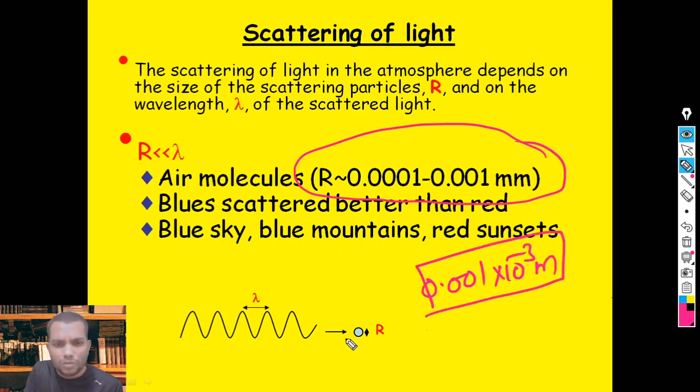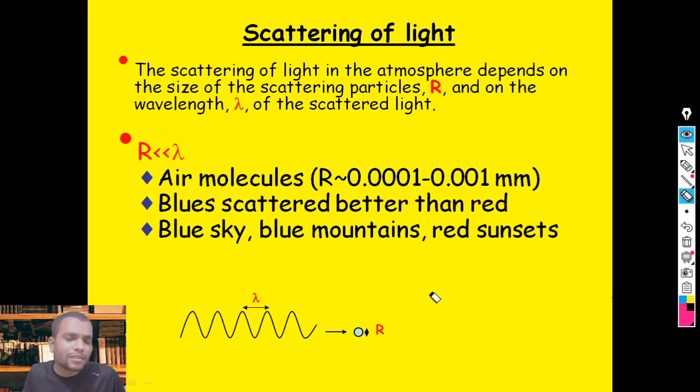This small particle is interacting with light of different wavelengths. The light also has different sizes of wavelength. Here the blue wavelength, which is comparatively equal to the size of the air molecules, scatters. That's the reason the sky appears blue in color.